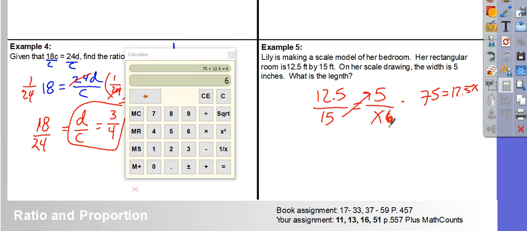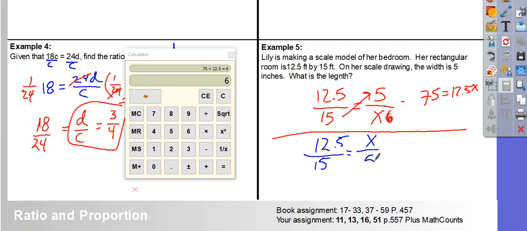I'm pretty sure this is the intent of the problem, but what happens if the length is the shorter of the two? Well, let's figure that one out too. So we have 12.5 over 15, but this time we're going to assume that the length is shorter than the width. So now we have x over 5.